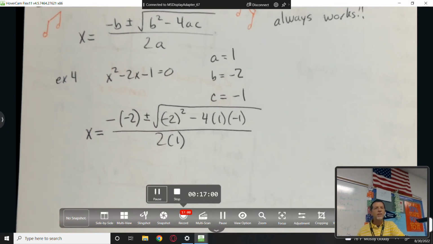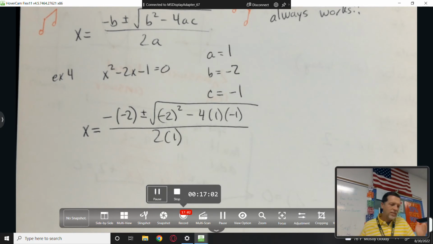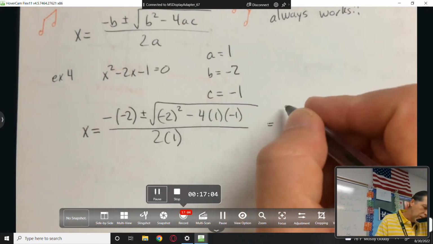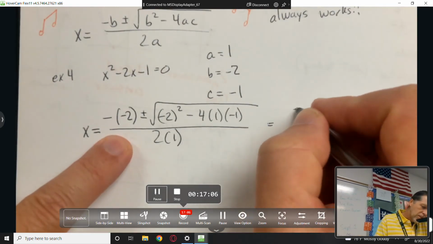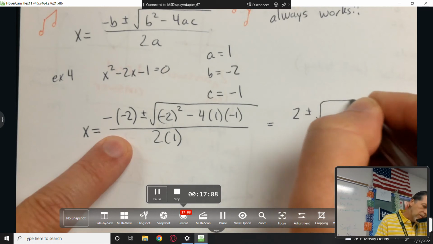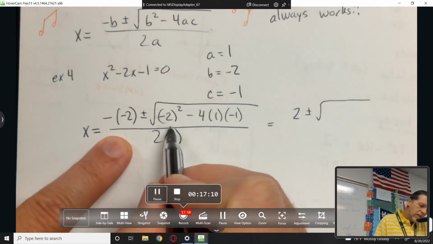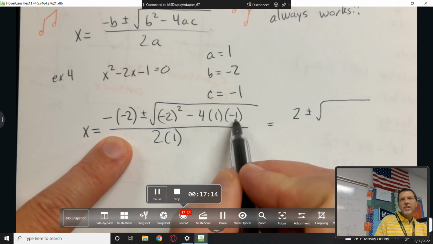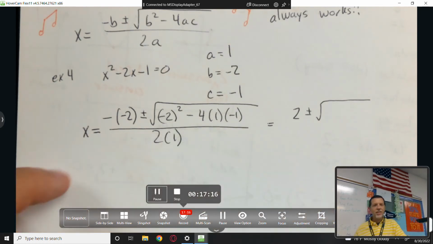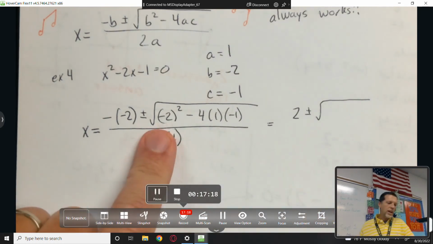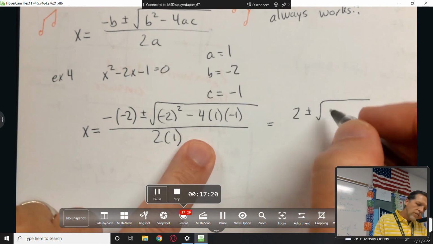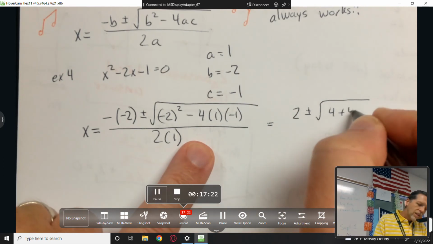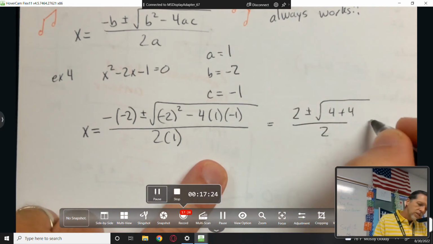Once you have it memorized, it's no big deal. So that's 2 plus or minus the square root of, what do we have, 4 plus 4. Be careful, there's lots of signs you have to watch. Squaring a negative, we get a positive 4. 4 plus 4 is 8, all over 2.